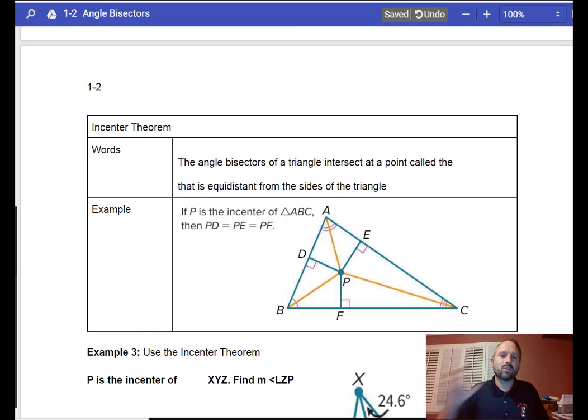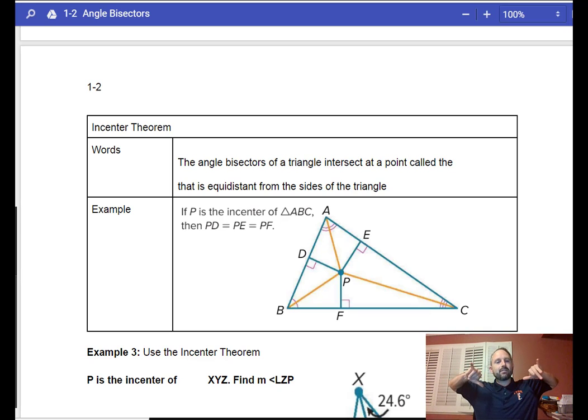All right, so now we're going to deal with the in-center. So that means the inside circle. If the angle bisectors of a triangle intersect at a point called P that is equidistant from the sides of the triangle. So that was like the construction quiz.